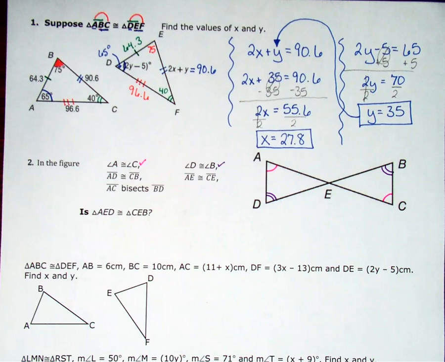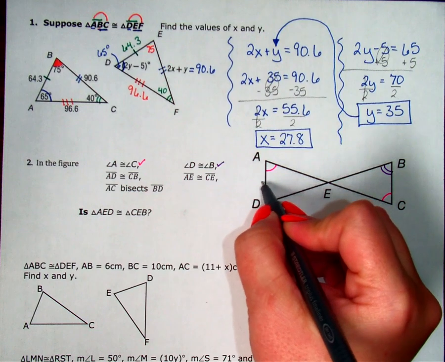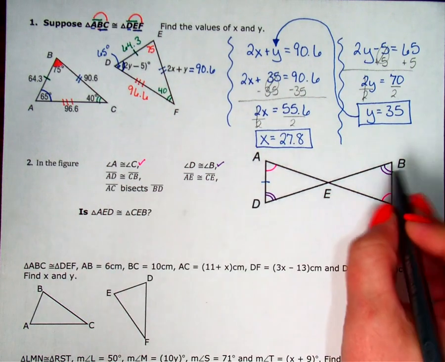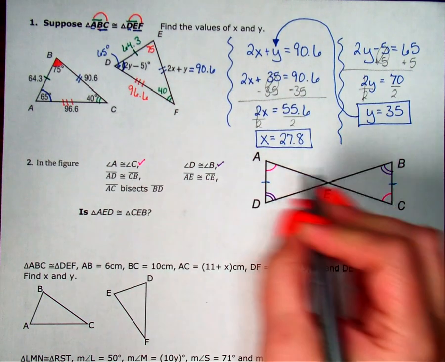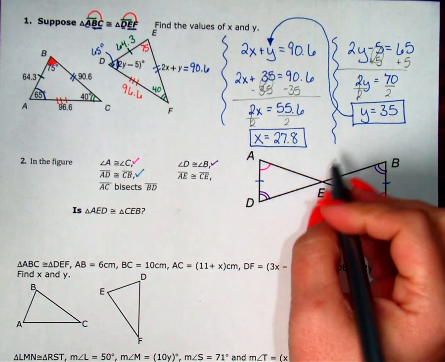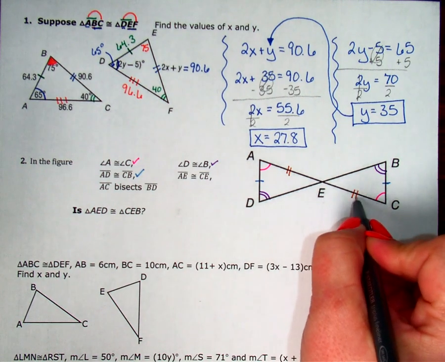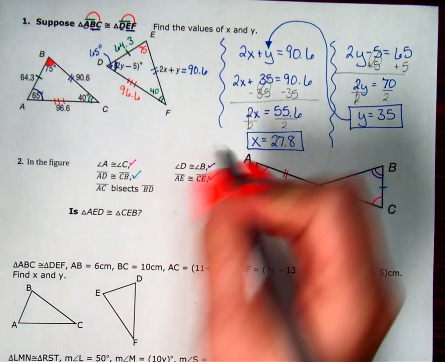So like if this is a proof, right, and these were givens, I'd want to mark them in my picture and then I would write them down and sometimes check them off. Okay. Segment AD, that's this one here, is congruent to segment CB. That's this one here. Check. Segment AE is congruent to segment CE. Check. And then I have one more statement.